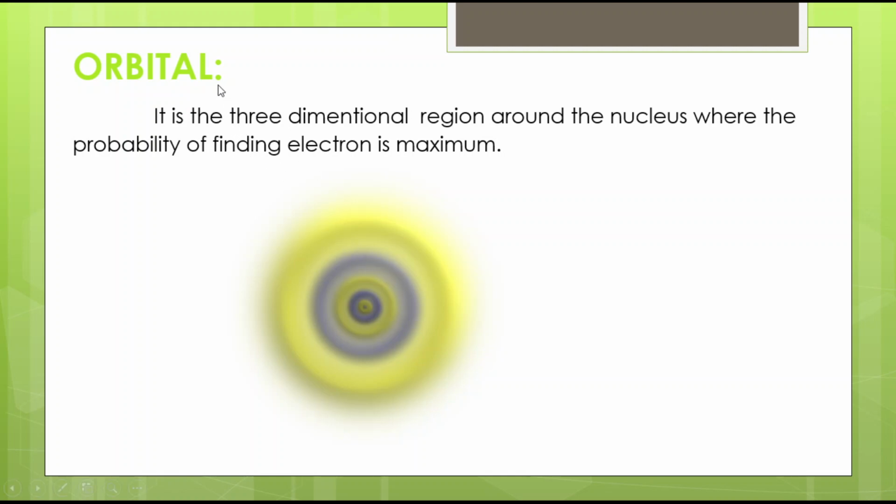Orbital is nothing but a 3-dimensional region in the subshell where the electron will be present, or where the probability of finding the electron is maximum. We know that all these shells are around the nucleus only. So it is a 3-dimensional region around the nucleus where the probability of finding the electron is maximum.